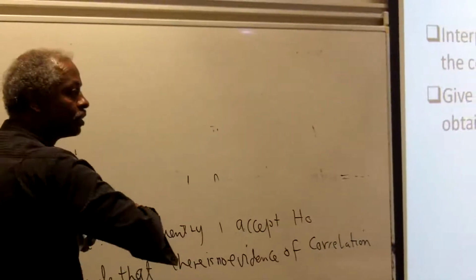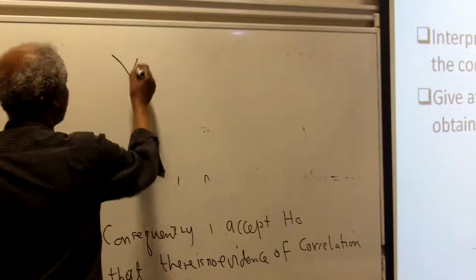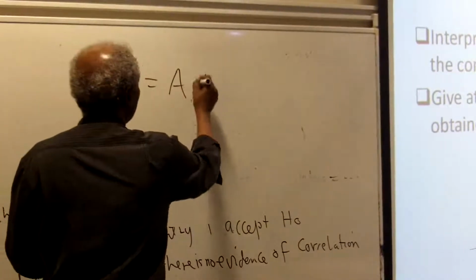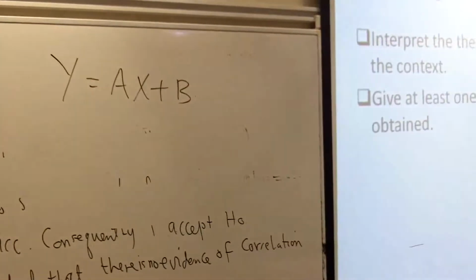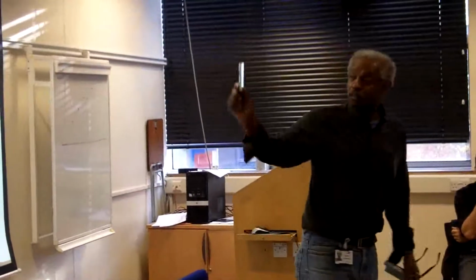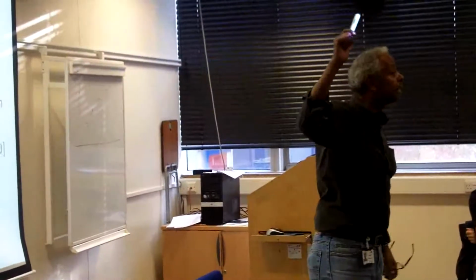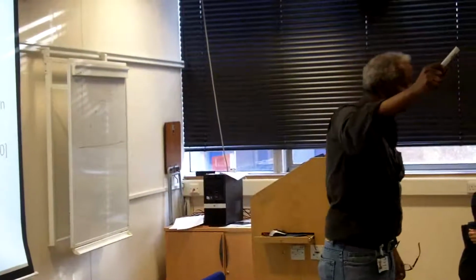There's an equation of a straight line here: y equals ax plus b. Because you studied coordinate geometry, if I ask you what is a, you're going to say it is the gradient. Is that correct? If I say to you what is that capital A, the answer is the gradient.